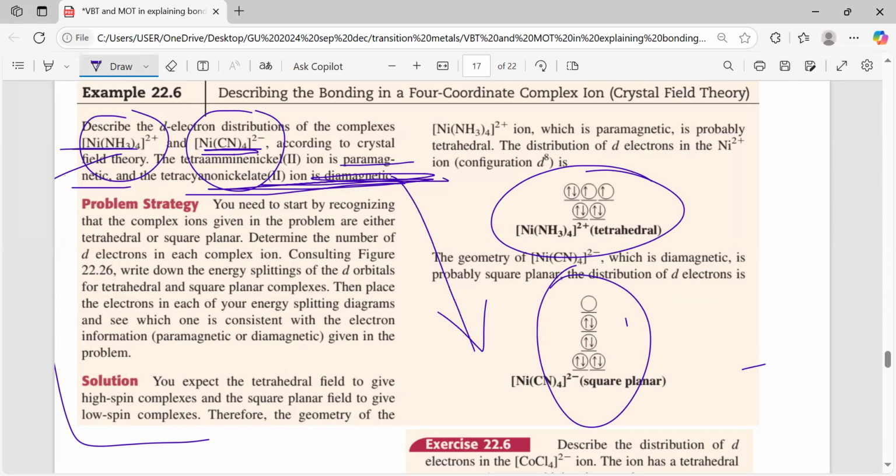You can sort out this question easily by first of all considering one at a time. Remember, these are 4-coordinate complexes, so I can look at this nickel when it is tetrahedral and when it is square and see what happens.